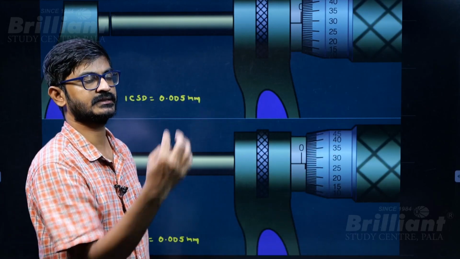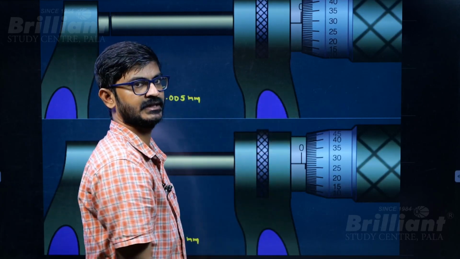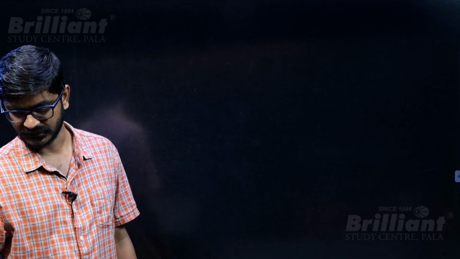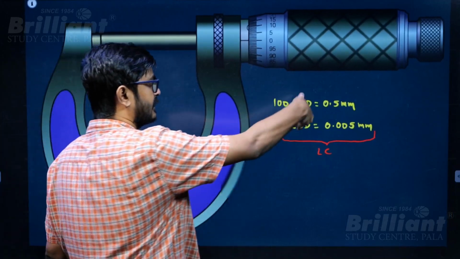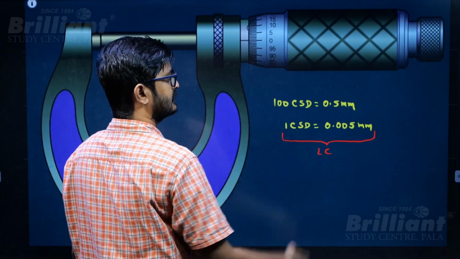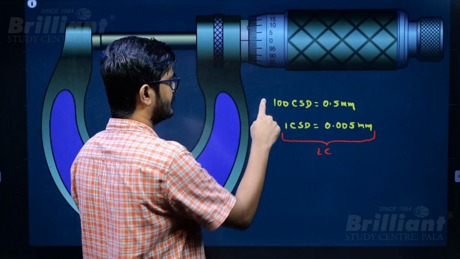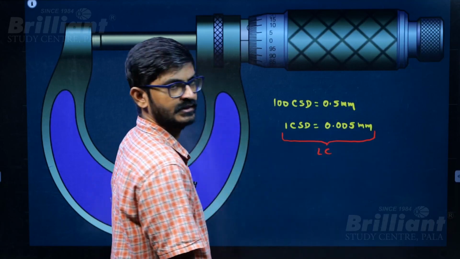So for 100 circular scale divisions, it is moving by 0.5 mm. If I rotate by only one circular scale division, it will move by 0.5 by 100. So that's the idea we should be knowing beforehand. For one full circle, that is for 100 circular scale divisions, it will move by 0.5 mm. So for one circular scale division, it will move by 0.5 by 100, which is 0.005 mm.